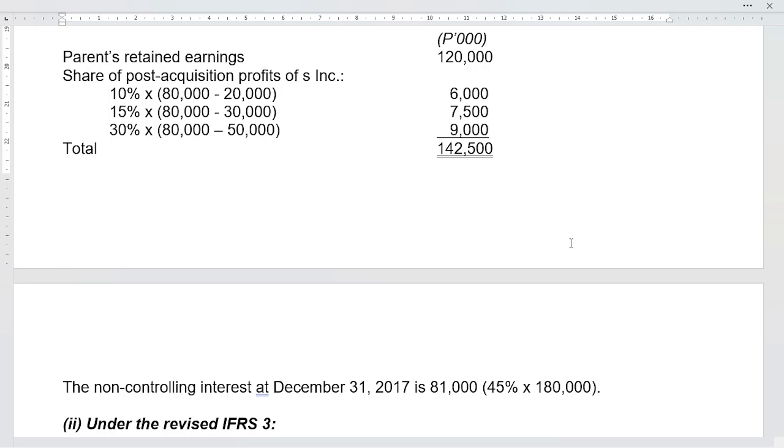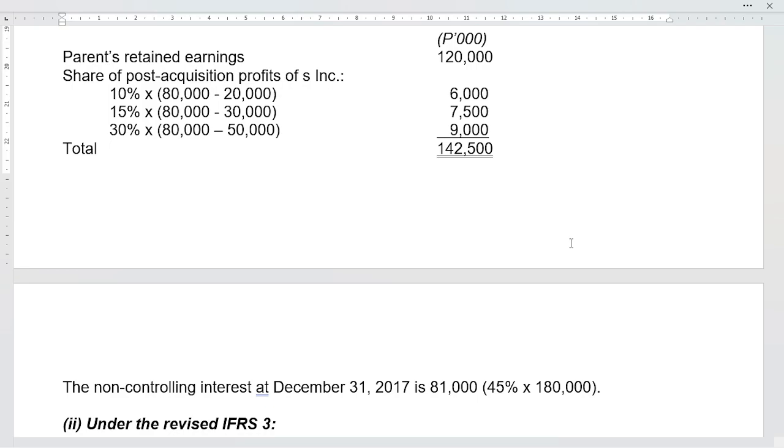Ito yung net identifiable assets, fair value. Ito yung fair value ng net identifiable assets ng acquiree.